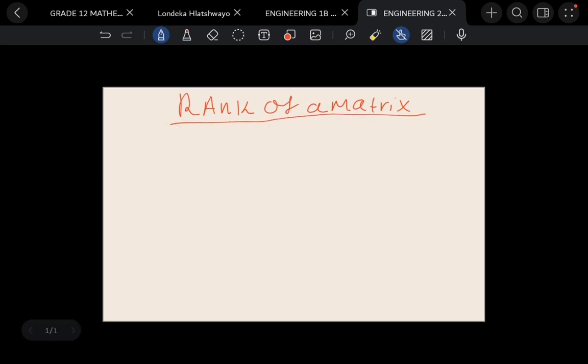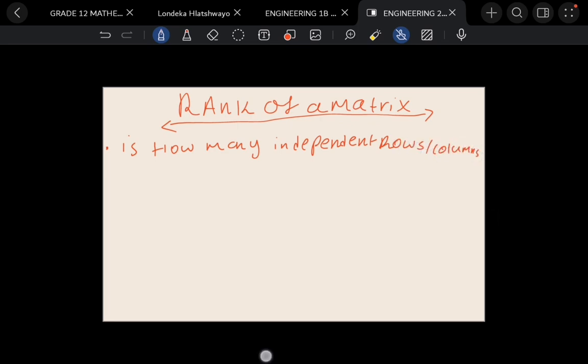Now, what is the rank of a matrix really? A rank of a matrix is how many independent rows or columns does the matrix have?